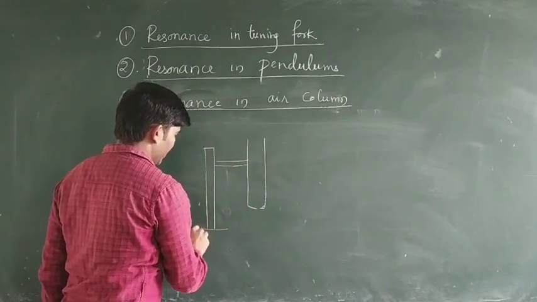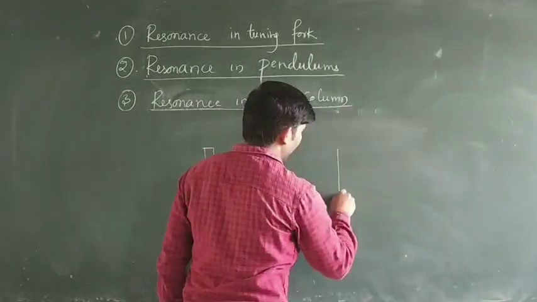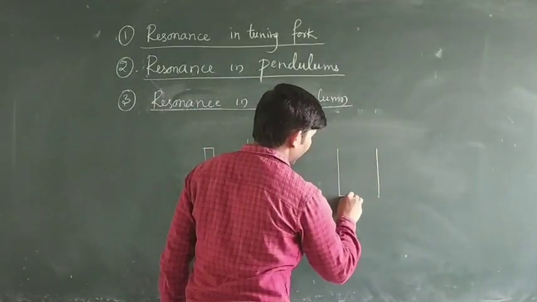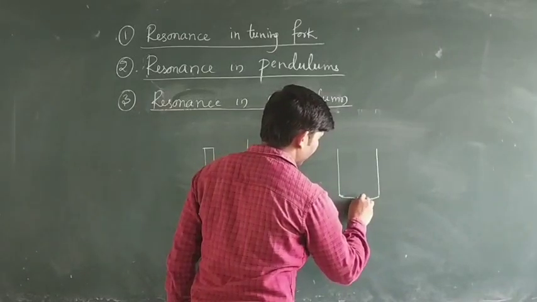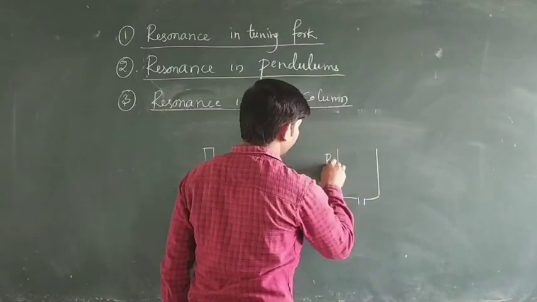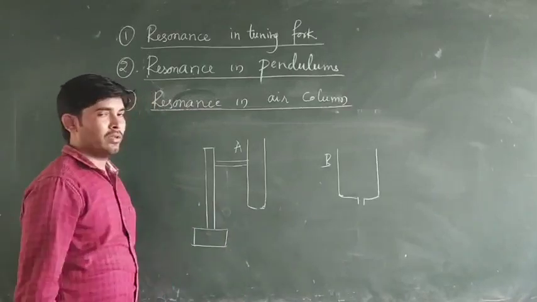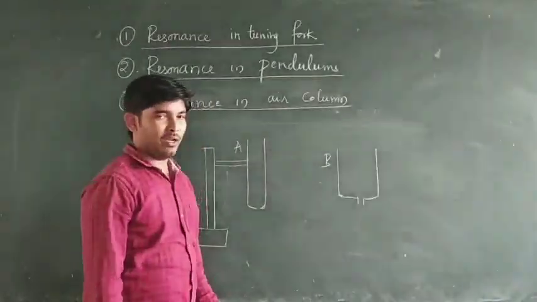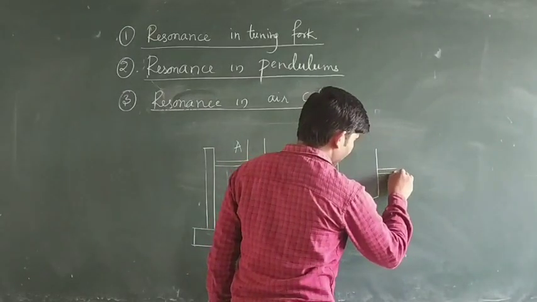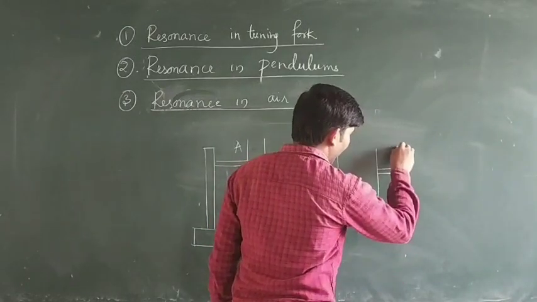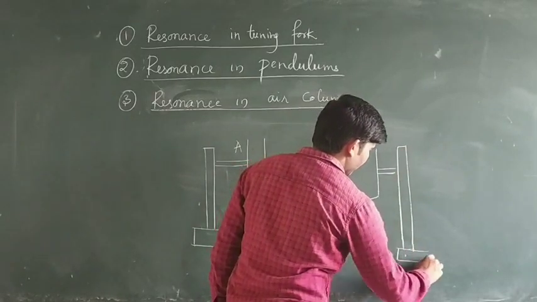So it is fixed to the vertical stand, and we need one cylindrical vessel. So this is cylindrical vessel B and this is cylindrical tube A. And the cylindrical vessel B can be moved up or down. So it can be clamped at any desired position.